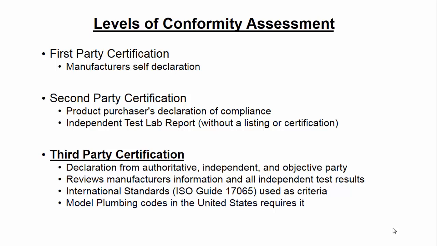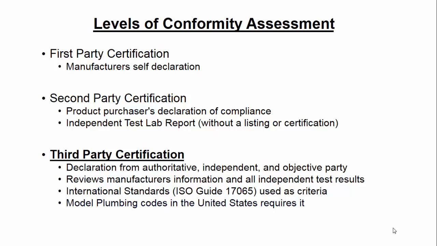So primarily for conformity assessment, there are 3 different levels. You can do first-party certification, where a manufacturer can self-declare. On a second-party certification, you can have a product purchaser declare, or you can have an independent test lab do a test report that would represent compliance. But the primary mode of conformity assessment in the U.S. and Canada is third-party certification.